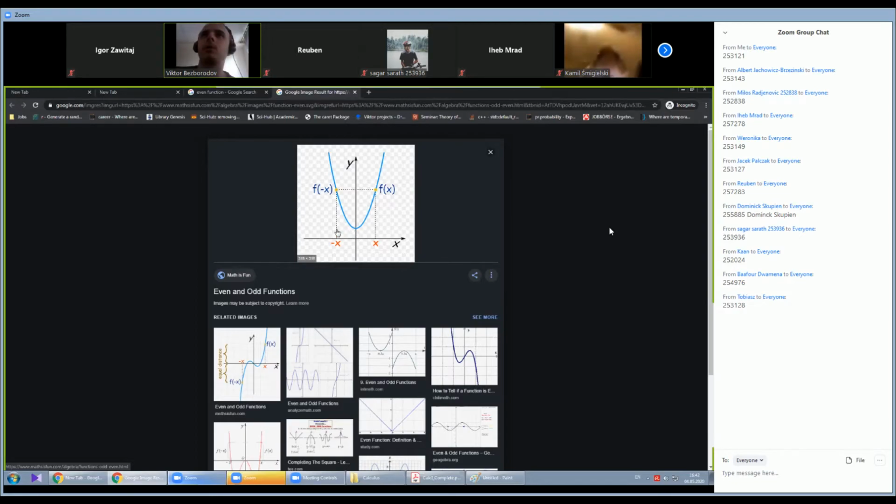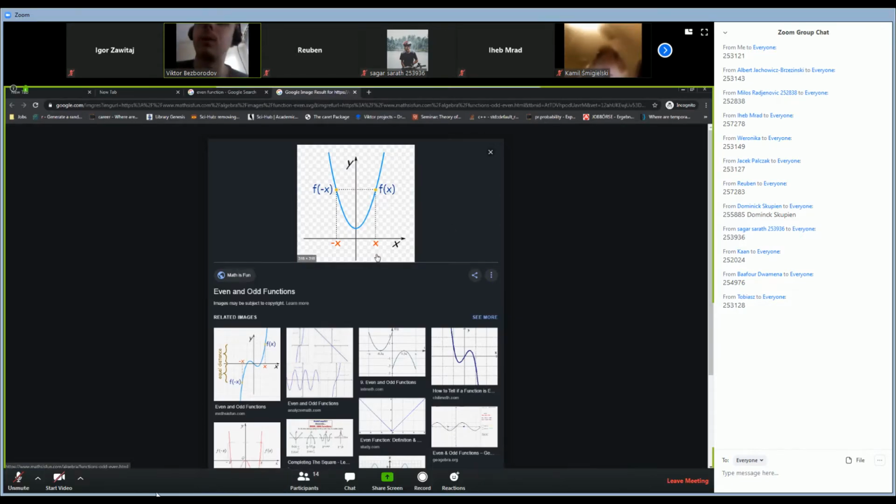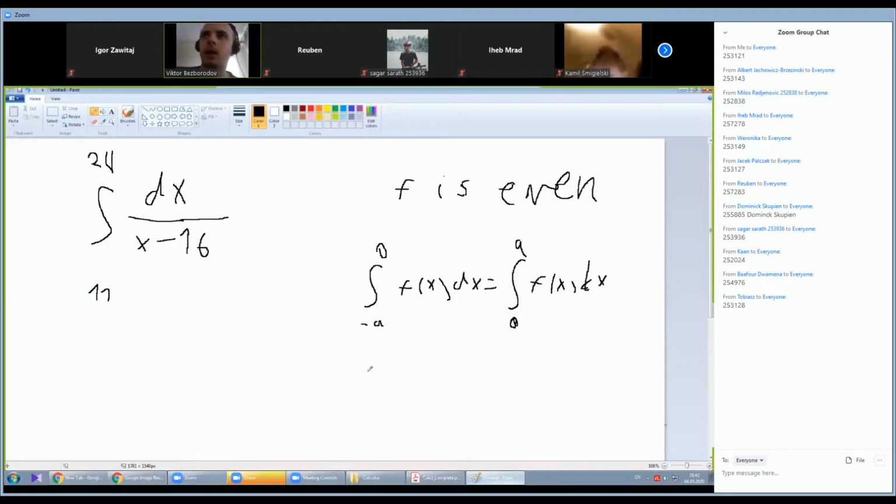Obviously, because it's even, it is symmetric with respect to the y-axis, so the area of this part is going to be equal to the area of the part to the right of the axis. So you can just say that the integral from -x to x equals 2 times the integral from 0 to x, right?